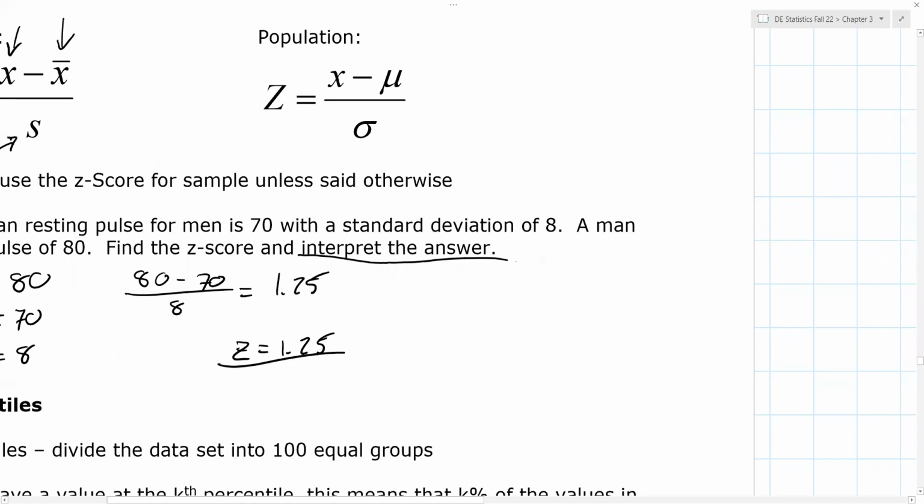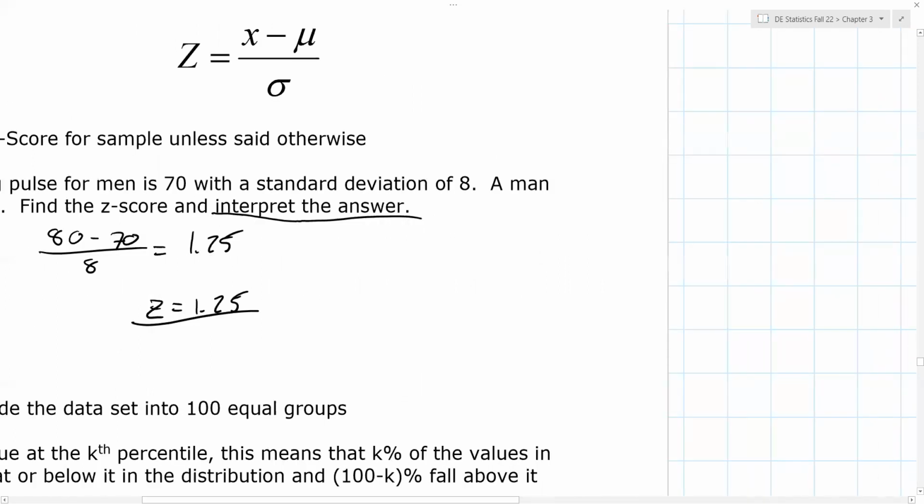So for this answer, that 1.25, we would write the man's pulse is 1.25 standard deviations above the mean.